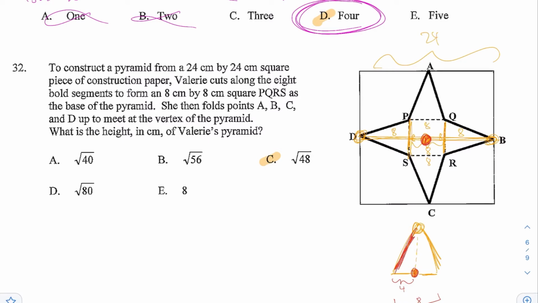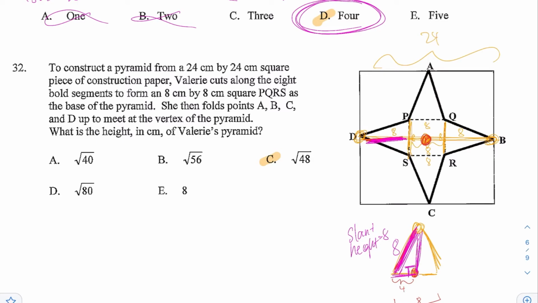The hypotenuse here would be this length. So this is called the slant height. So the slant height would be equal to 8. So you have a 4 and 8, and you want to figure out the missing height here.